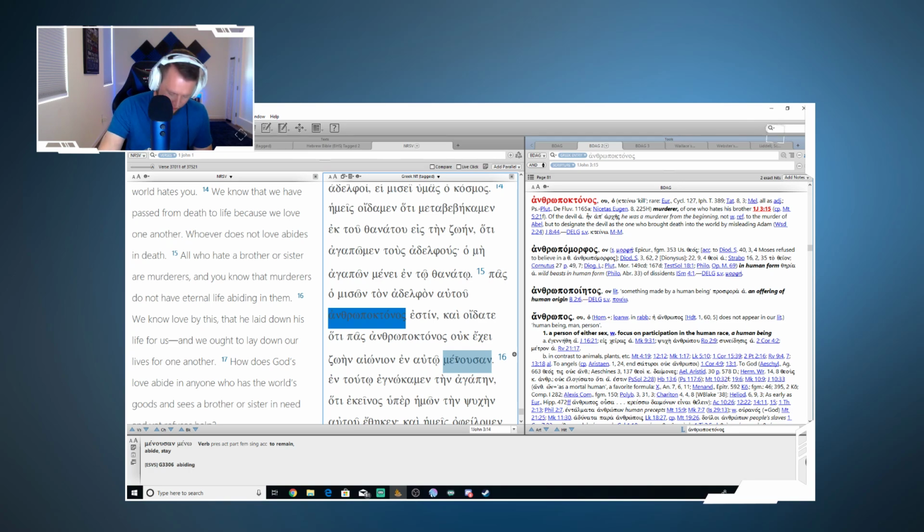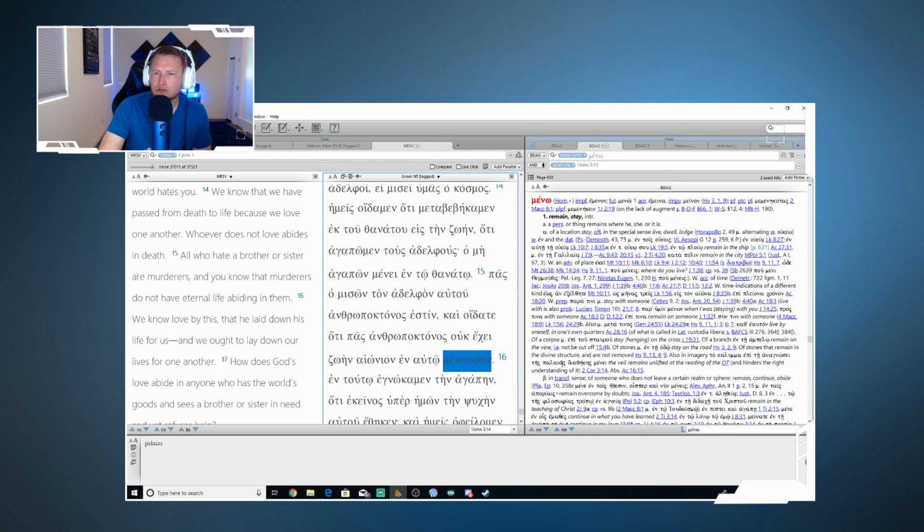So this calls into question the use of continuously here, because continuously remain, present active participle feminine singular accusative. To have eternal life remaining in him. Intransitive, a person or thing.